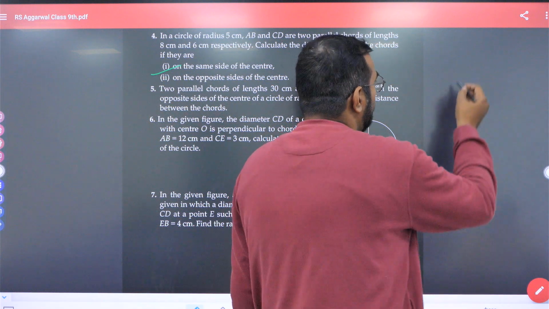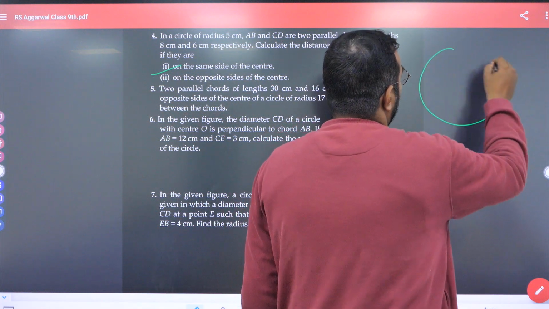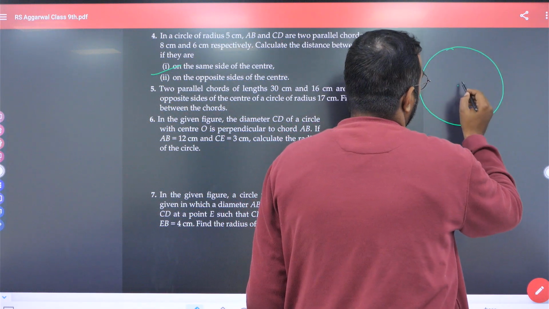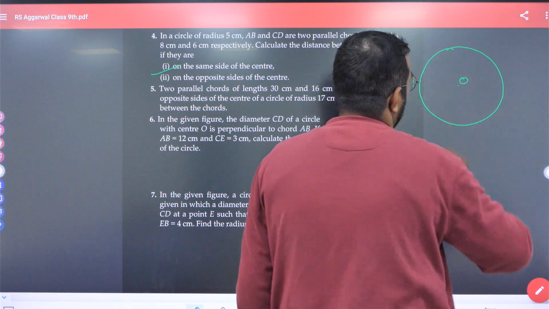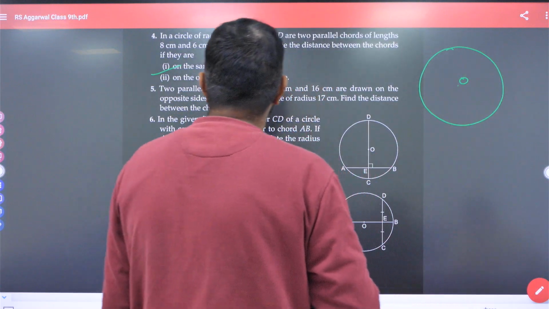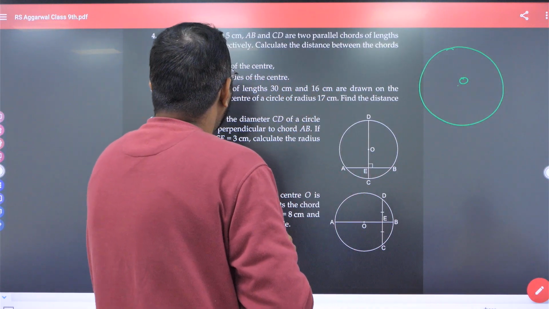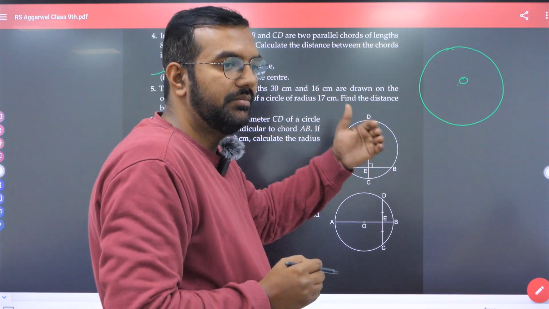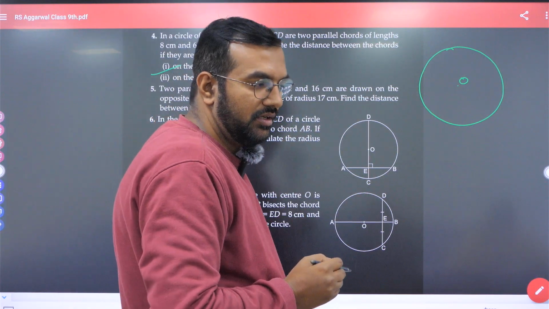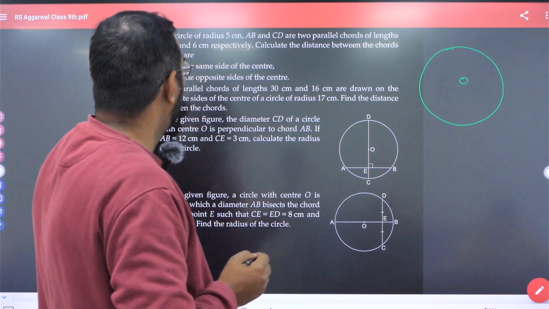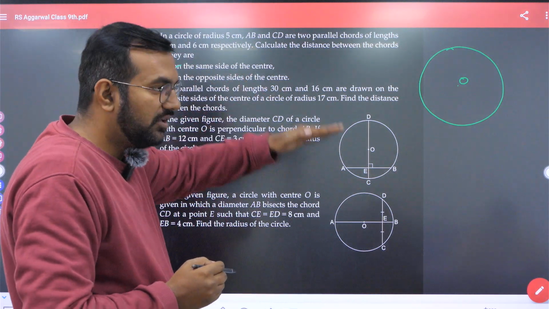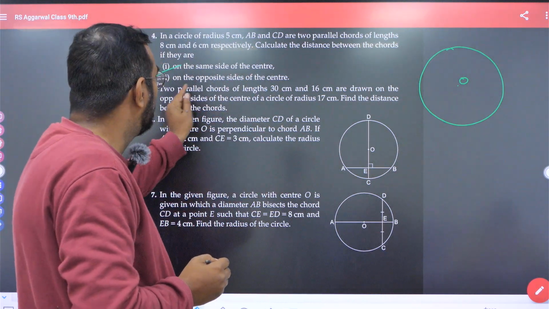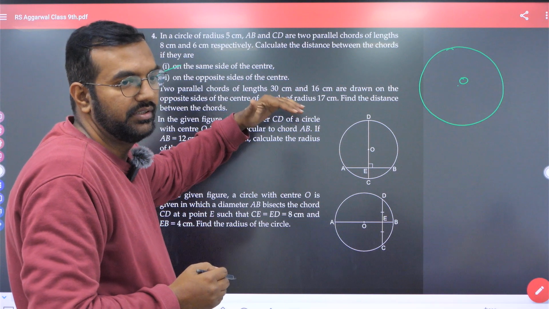What it is saying? It is saying that there is a circle. Okay, let's say the center is O. So there is a circle with center O. In that circle there are two chords of length 8 cm and 6 cm. And there are two cases. The chords are on the same side of the center and the chords are on the opposite side of the center.